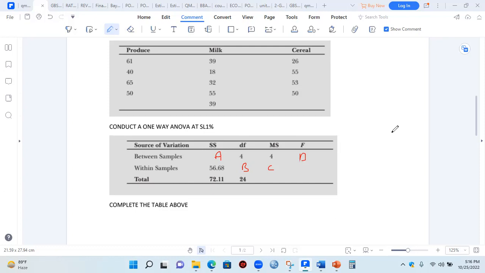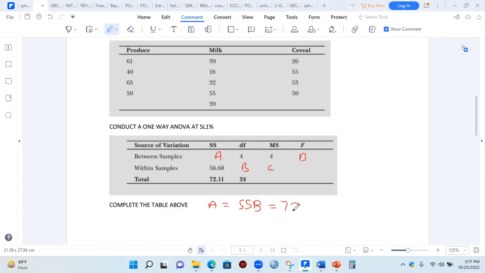We subtract 56.68 from 72.11. We do the opposite: subtract the 56 from 72 and get the difference. A is called what? The sum of squares between.